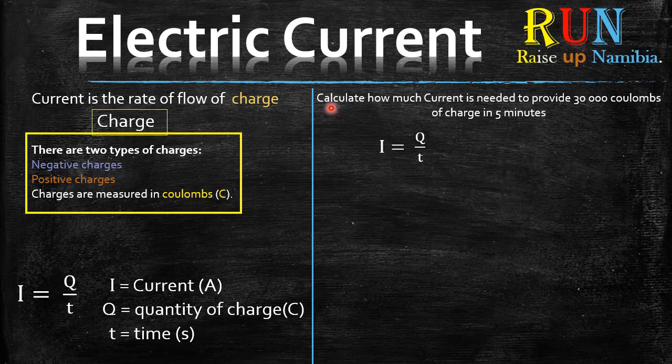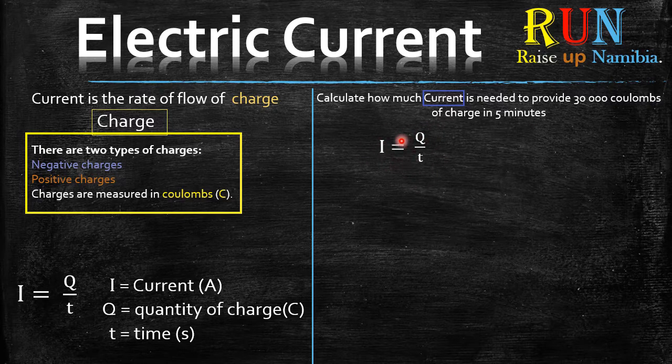Sometimes you need to reread the statement to understand it. So what are we asked to calculate? It says calculate how much current, so we are calculating the current needed to provide 30,000 coulombs of charge in 5 minutes.